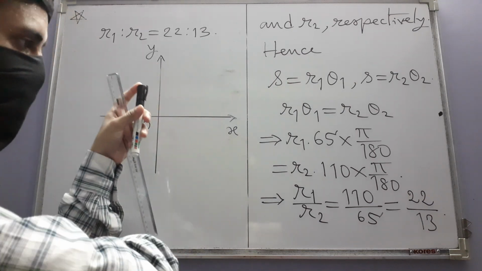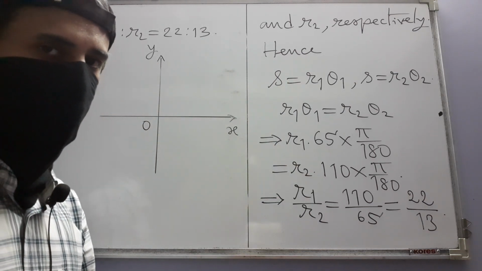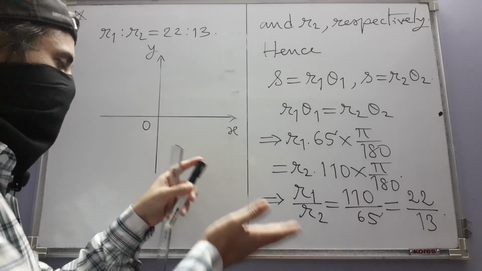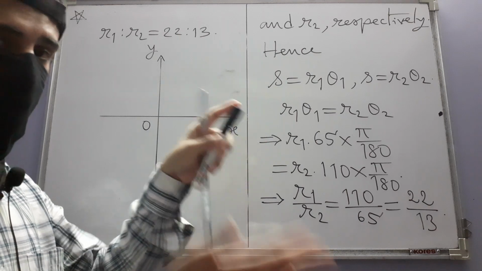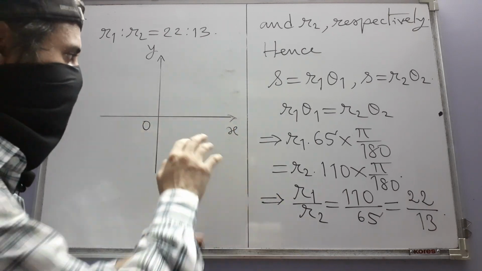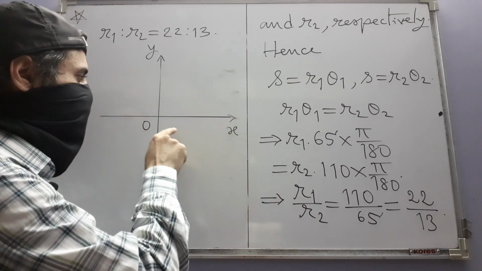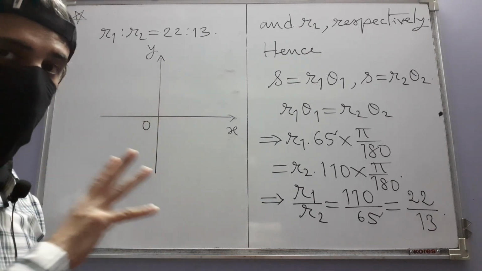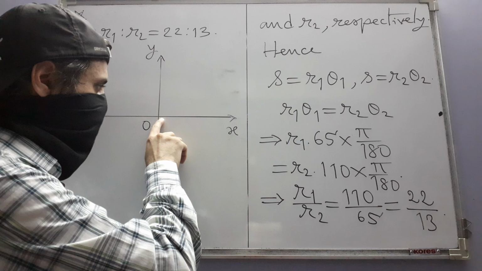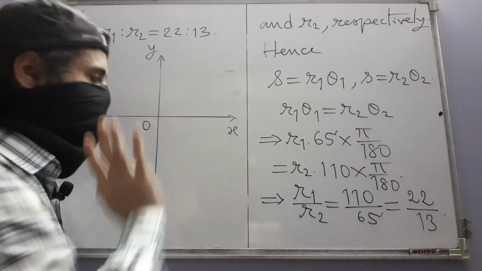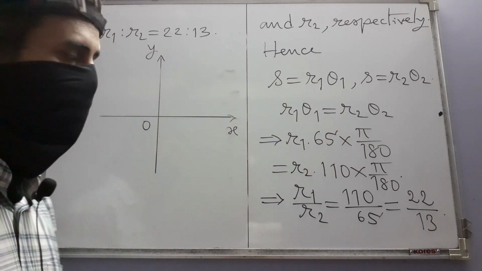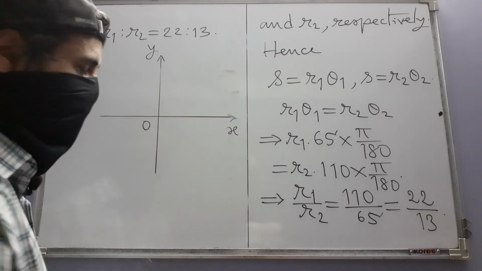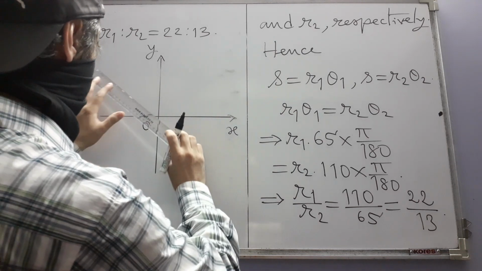Originally the angle may be in whatever way it may be imagined, but you can rotate the entire angle and adjust it in such a way that the vertex of the angle coincides with the origin of our coordinate system, and the initial line is the positive x-axis. Then the terminal line will lie wherever it lies. Say it lies here.